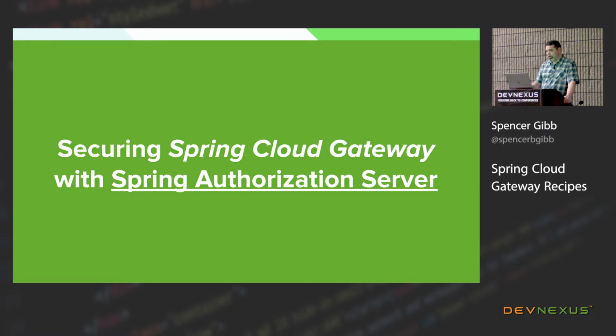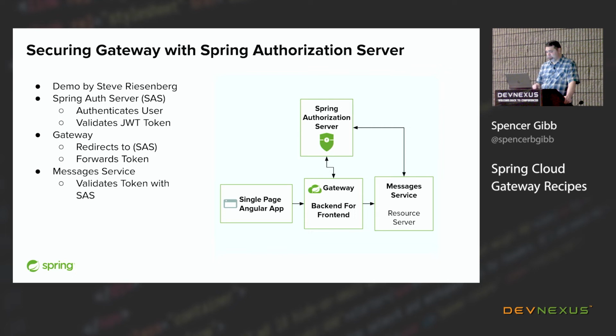The demo that I'm going to show is heavily from Steve Riesenberg, one of the Spring Security team working with Joe. So what we have is Spring Authorization Server. This is the thing that authenticates the user and validates tokens. We'll get the gateway.